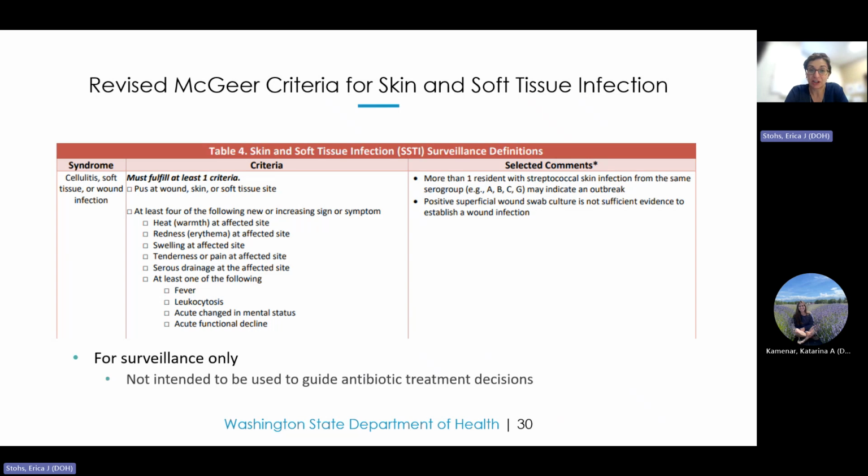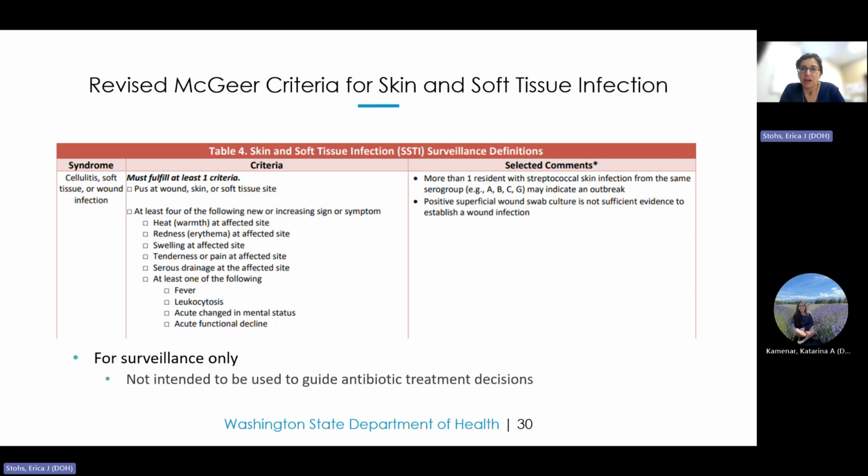They may also have serous drainage, because as that inflammation is happening, you can have this clear yellow drainage. And then systemically, if someone's getting to be septic, that's where we're going with the bottom criteria here: fever, leukocytosis, altered mental status, and acute functional decline. Probably if we're hitting those, we're going to be going toward IV antibiotics and possibly a trip to the ED or a hospital.